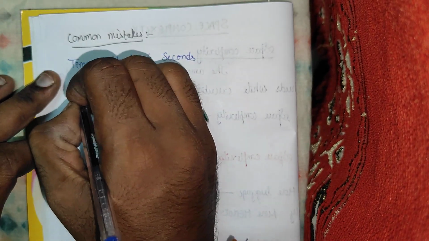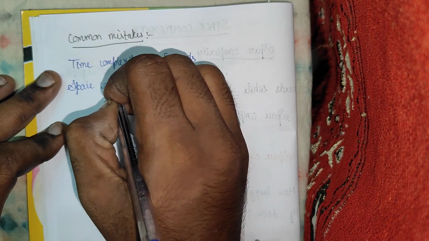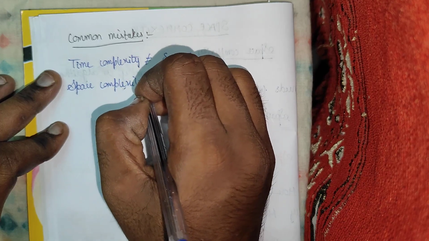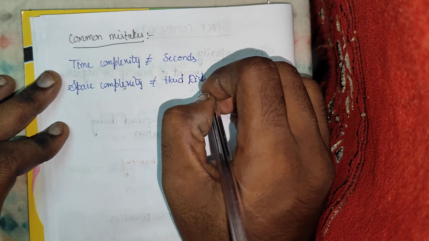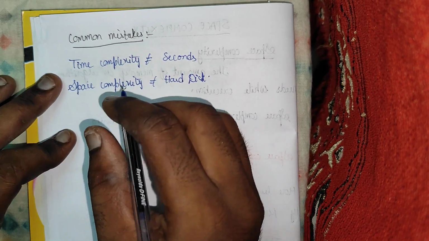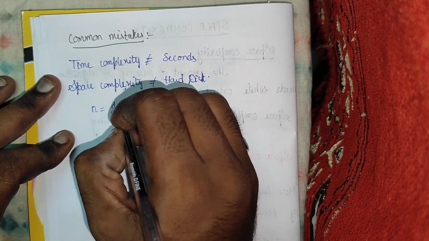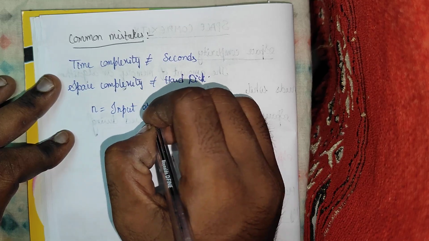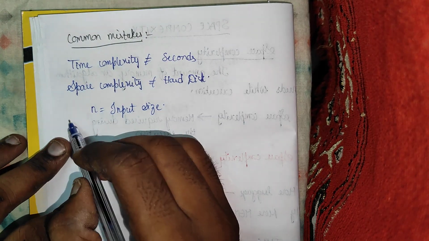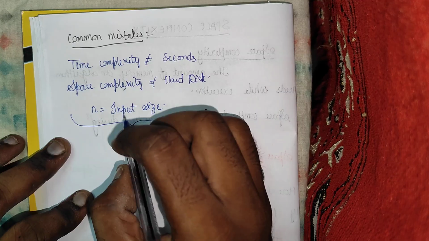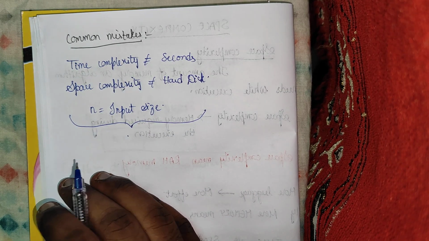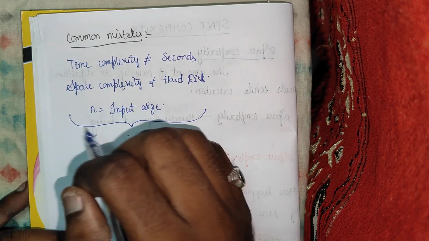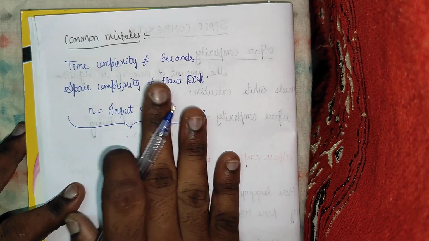Space complexity is not equal to hard disk. N is equal to input size. These are the blunders which students should remember. So do follow this and have a glance at it. These are the common mistakes which students usually make.